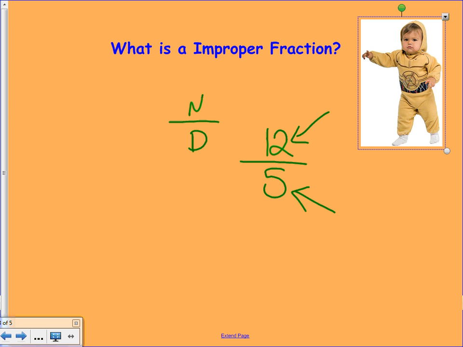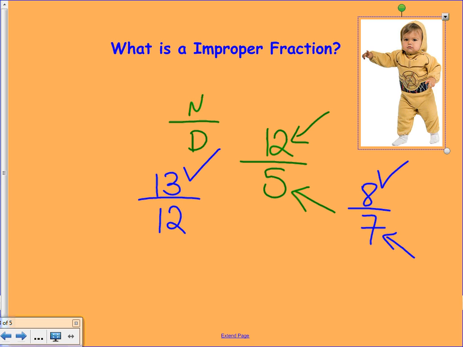Can you think of another example? What about this one? Does that one work? Yes, it does. What about 8/7? Does that work? Yes, it does. And the reason why it works is because this number is smaller than this number.